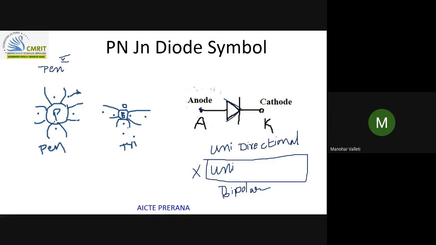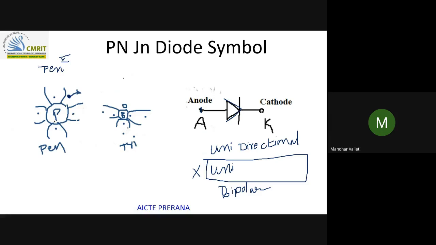In the crystal structure, 4 electrons will be forming bonds with other phosphorus atoms, but 1 electron is ready to detach from the phosphorus, because any material tries to achieve the inert gas structure, that is maintaining 8 electrons at the outer shell, outer orbit. Outer orbit means valency orbit. So phosphorus is ready to give this electron.